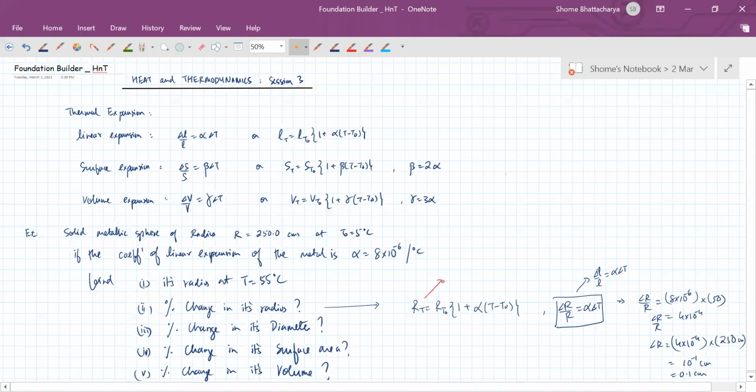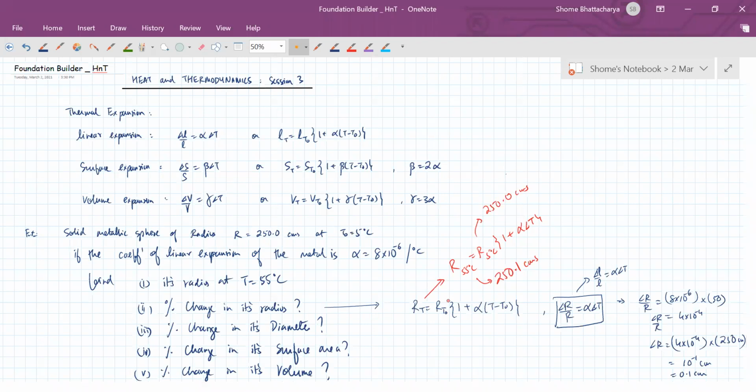The new radius at this temperature of 55 degrees C will be the original radius at 5 degrees C into 1 plus alpha delta T. So this will come out to be 250.1 centimeters, because this was 0.1 centimeter more.